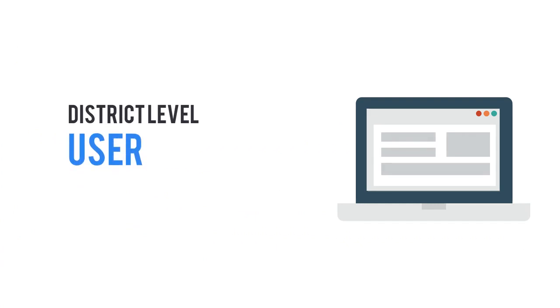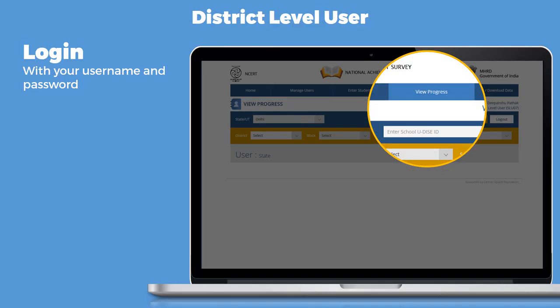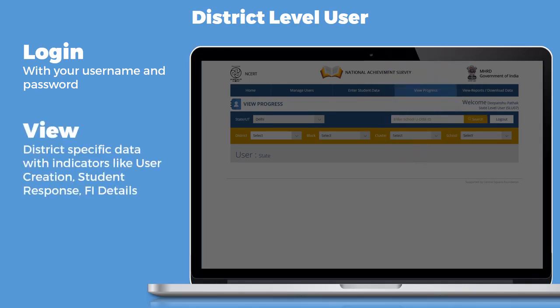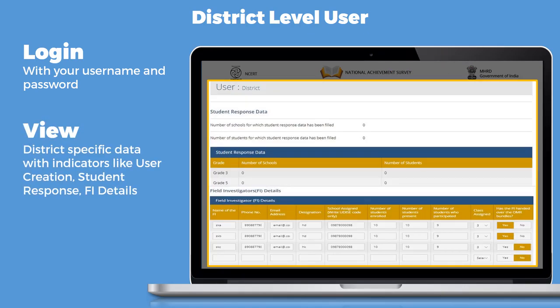Updating and monitoring progress by the District MIS Coordinator. To view and update the progress of the survey for a single district, a District MIS Coordinator will log in. After login, click on the View Progress tab. After clicking on the View Progress tab, a screen will appear.